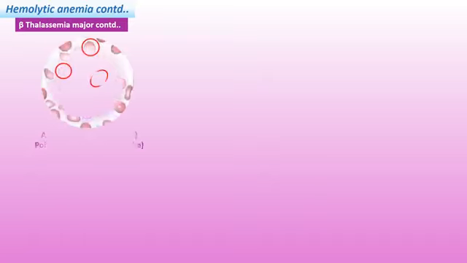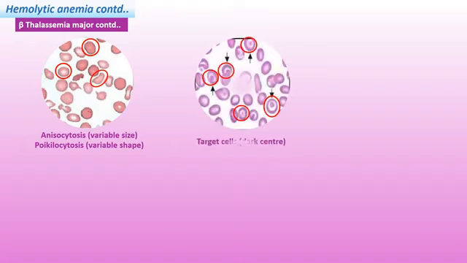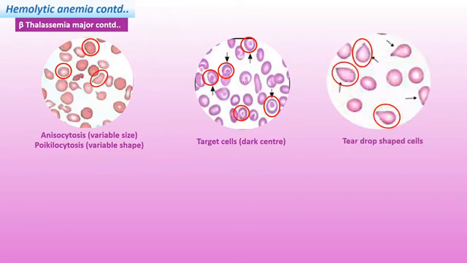Let us discuss about the few slides related to the beta thalassemia major. This is the slide showing variable sized RBC, that is anisocytosis, and variable shaped RBC, that is poikilocytosis. In this slide, we see the bullseye appearance or target cells, target cell RBC with dark center, see the teardrop shaped RBC.